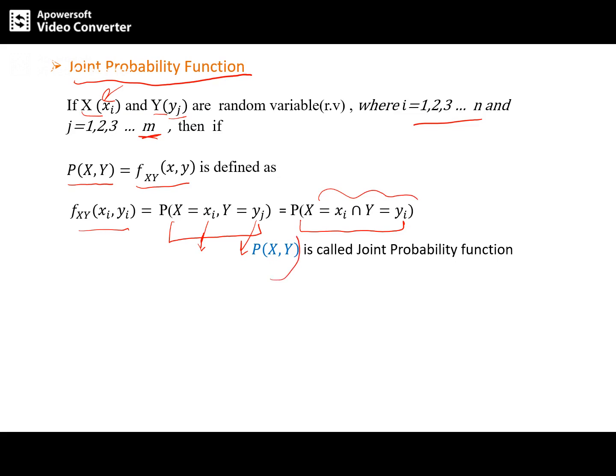This is called the joint probability function and is denoted by P of xy.